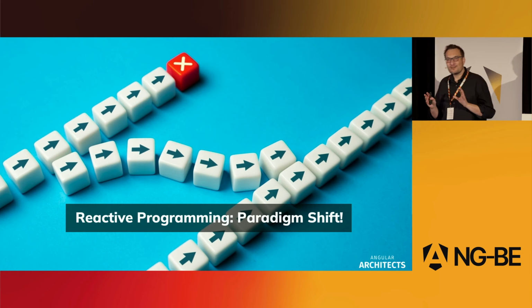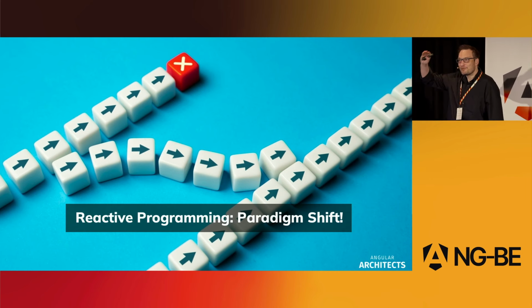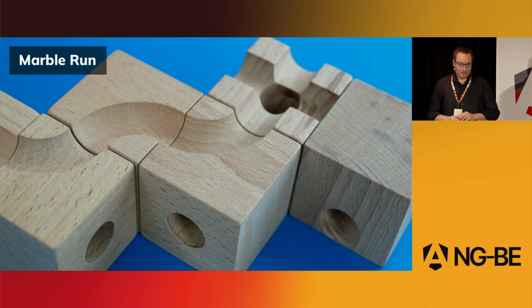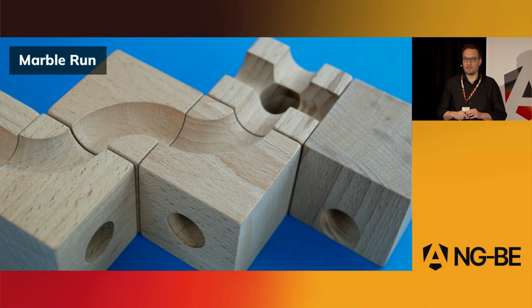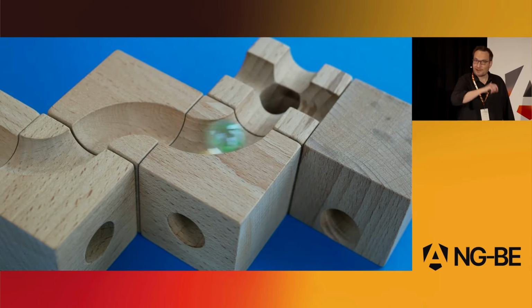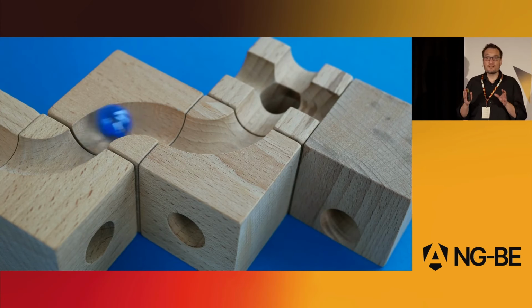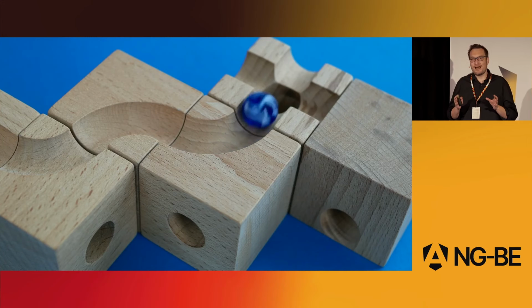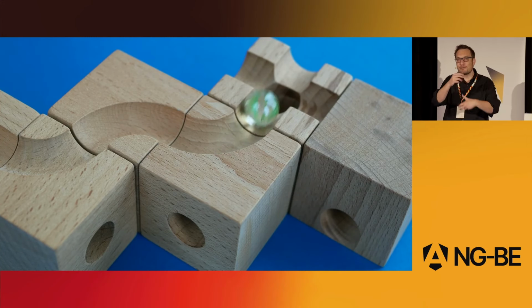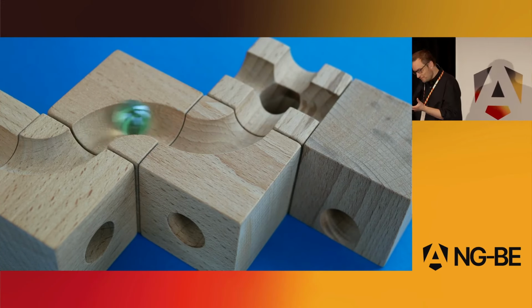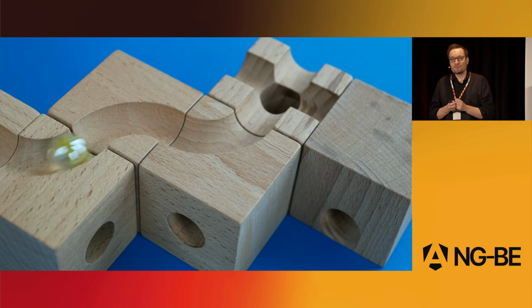So instead of thinking about a script you go through step by step, you should think about a marble run. A marble run where several marbles go through, and those marbles represent your data flow. And every time a marble passes a certain station, the marble can be changed.